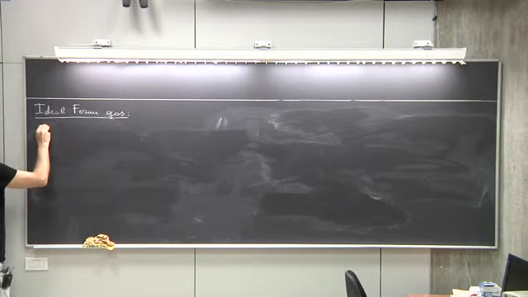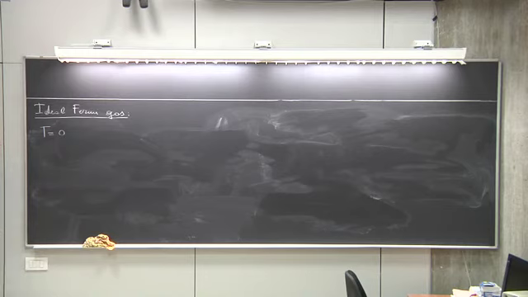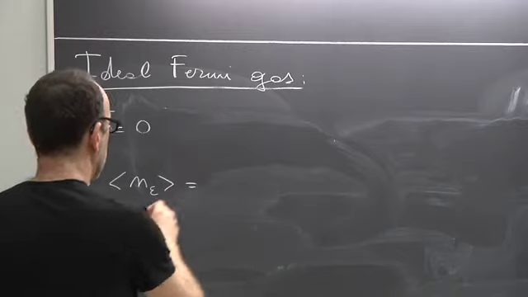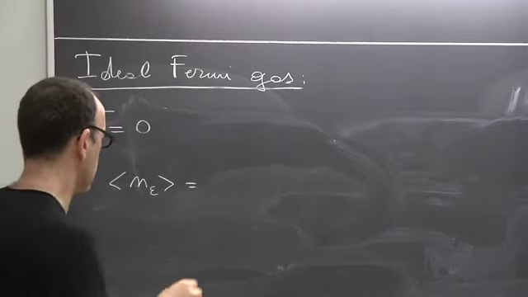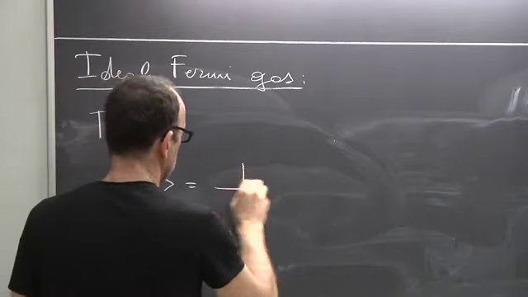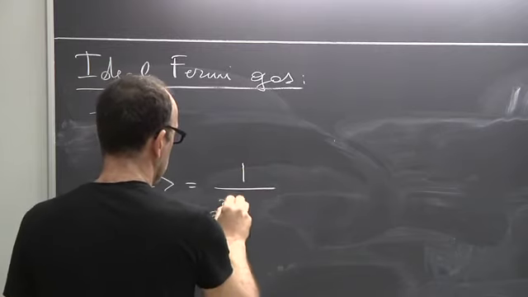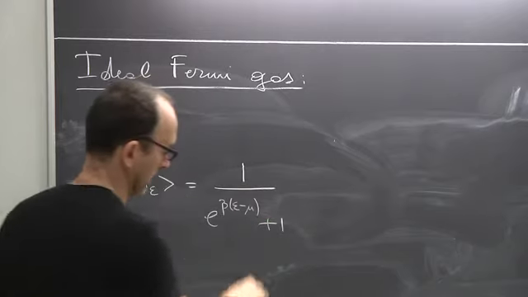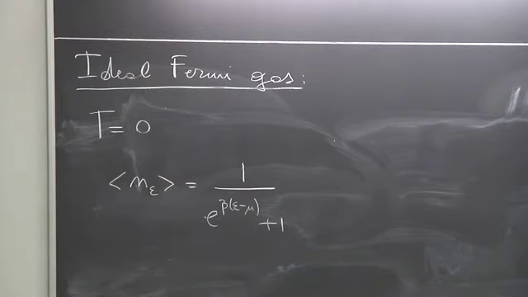So the key idea is first to consider the case where the temperature is equal to 0. Okay. So when the temperature is equal to 0, if you look at the mean occupation number of an energy level with energy epsilon, this is given by 1 over e to the beta (epsilon minus mu) plus 1, where again beta is 1 over kT.